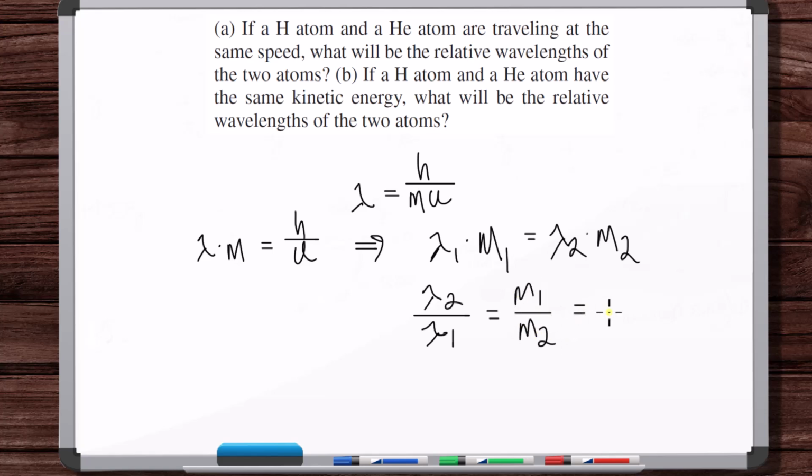So what's the mass of a helium atom and a hydrogen atom? The most abundant isotope of helium has a mass of 4.0026 AMU. Now what about hydrogen? 1.007825.